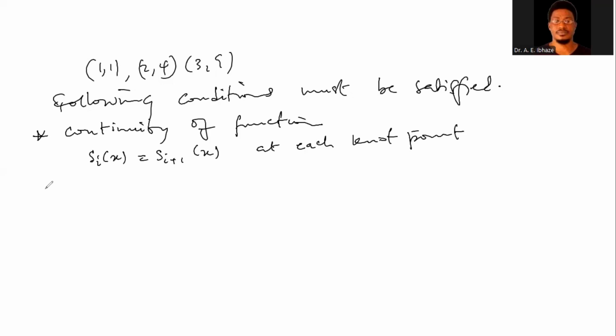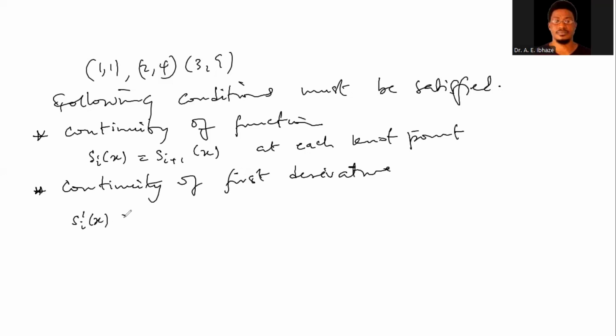And then the second condition is continuity of first derivative, such that the first derivative of S sub i of x must be the same as the first derivative of S sub i plus 1 of x, still at each knot point.